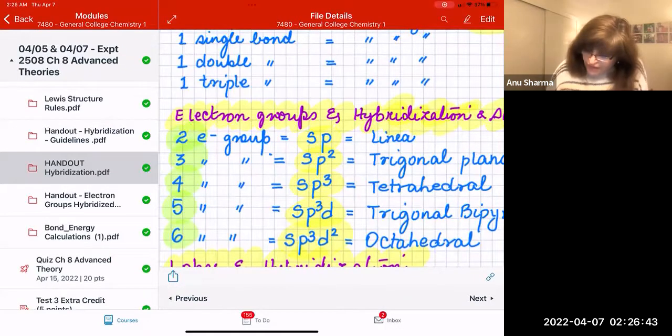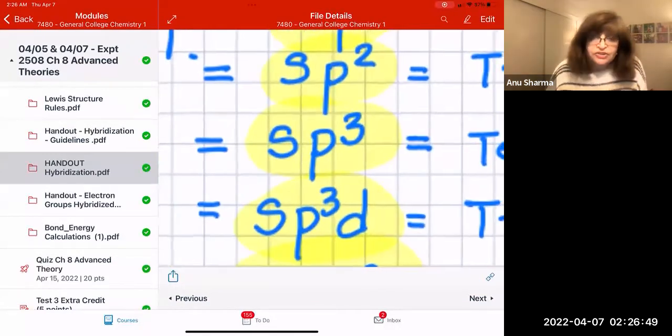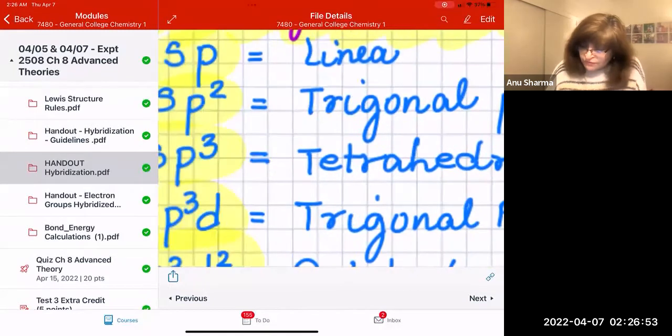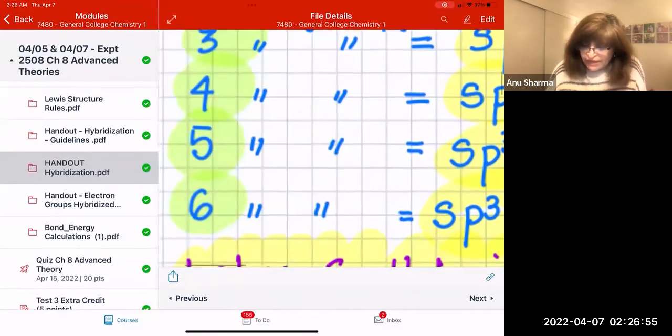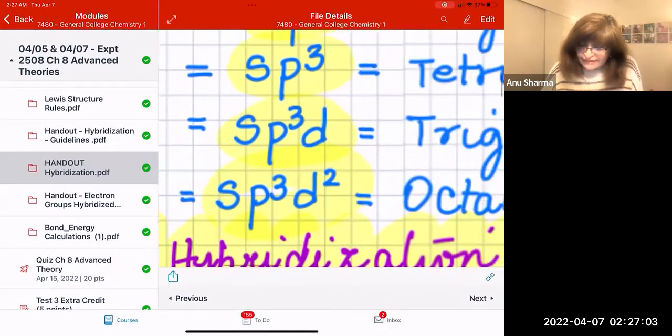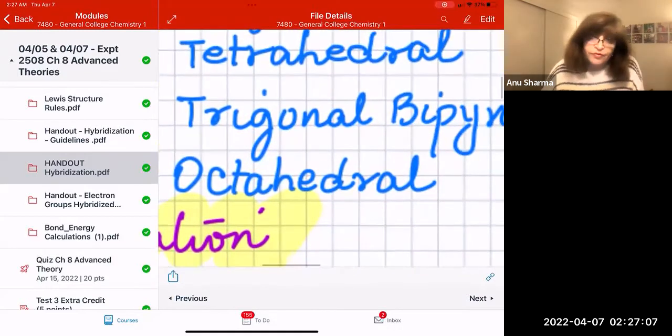Here we have 4 electron groups on chlorine, which is sp3 hybridization, and the shape is tetrahedral. Bismuth, on the other hand, shows 6 electron groups, so it is sp3d2 hybridization. The shape from the point of bismuth is going to be octahedral.